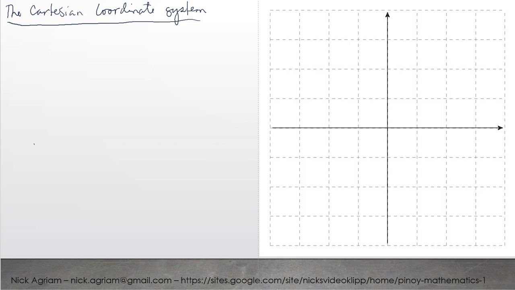The Cartesian coordinate system is sometimes called the XY plane, the XY coordinate system, the coordinate plane.